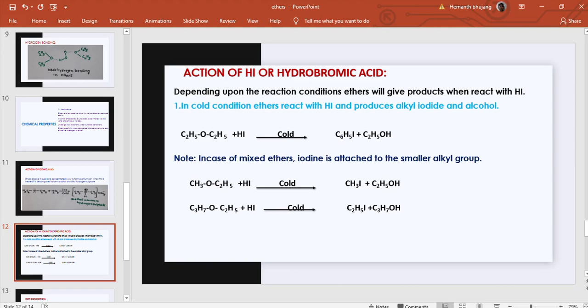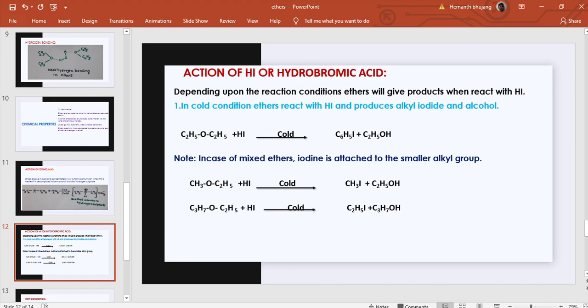Ethers react with HI, but we change the conditions. The first condition is the cold condition. In cold conditions, ethers react with HI or HBr to produce alkyl iodide and alcohol.